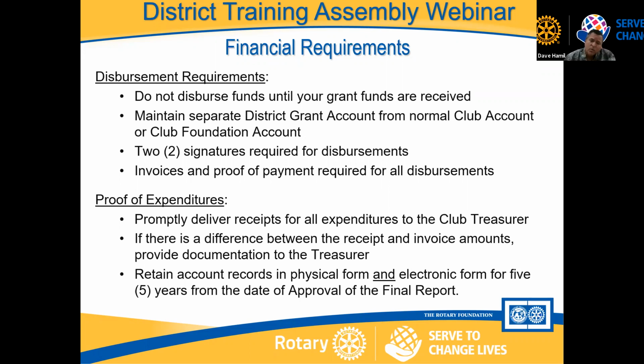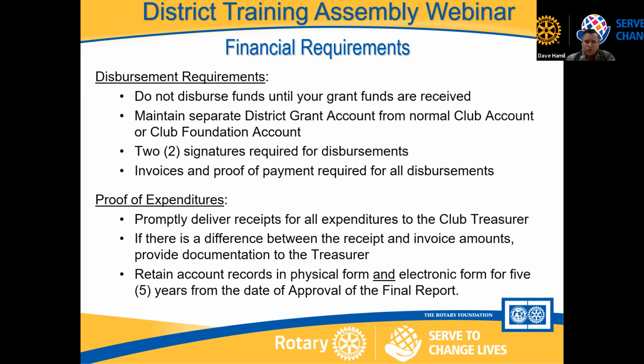But the reason why clubs and districts have this requirement for having a separate bank account and so on is that that's what the Rotary International Foundation requires us to do. And we actually have to write a grant to RI to receive our district grants. So these rules that are put in place are easy enough to do.